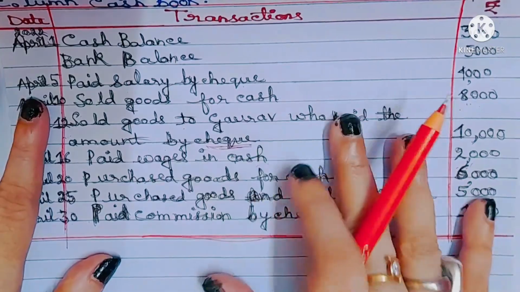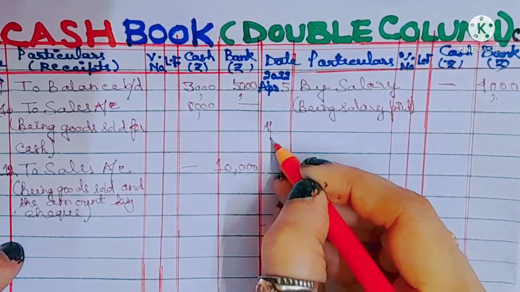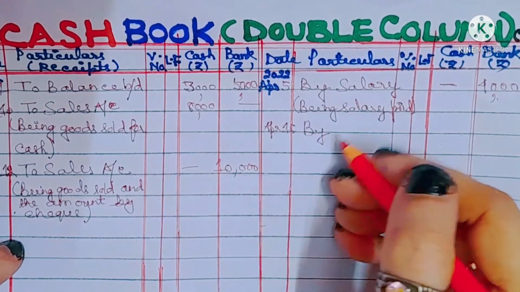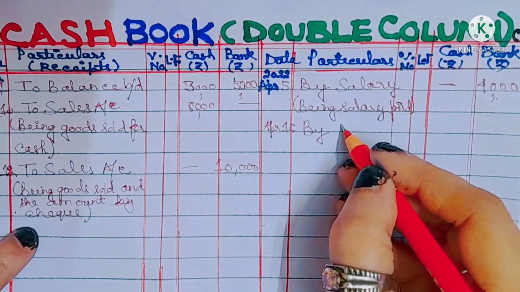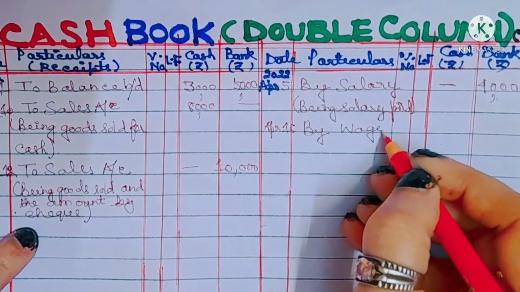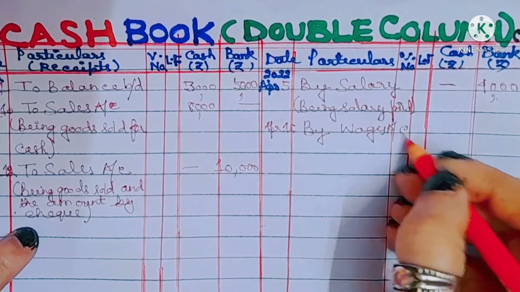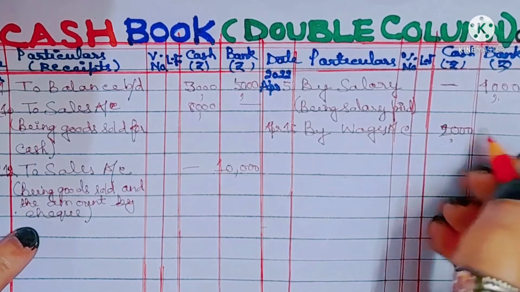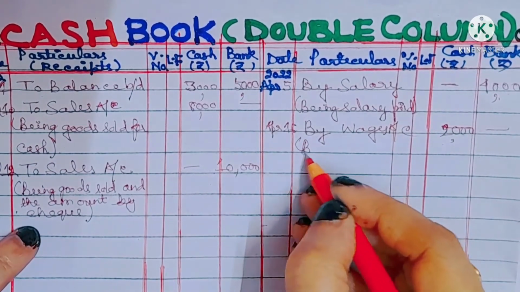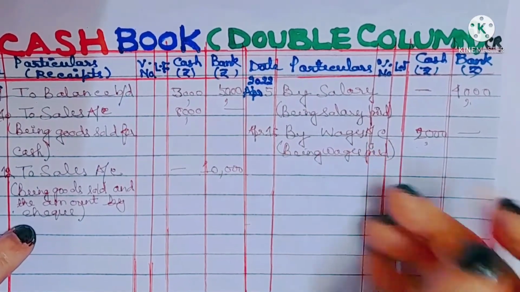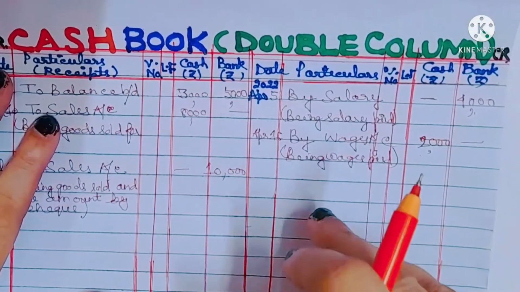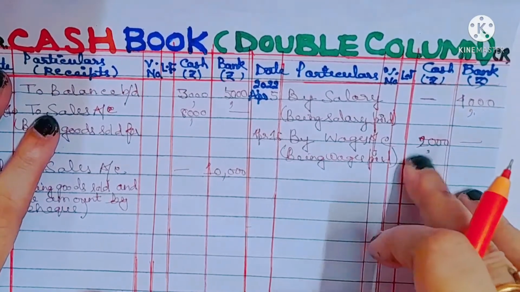So let's write. On 16th April, by wages account 2000, the payment was made in cash. So cash column. Being wages paid. Since cash column represents cash account, so cash account comes under real account.